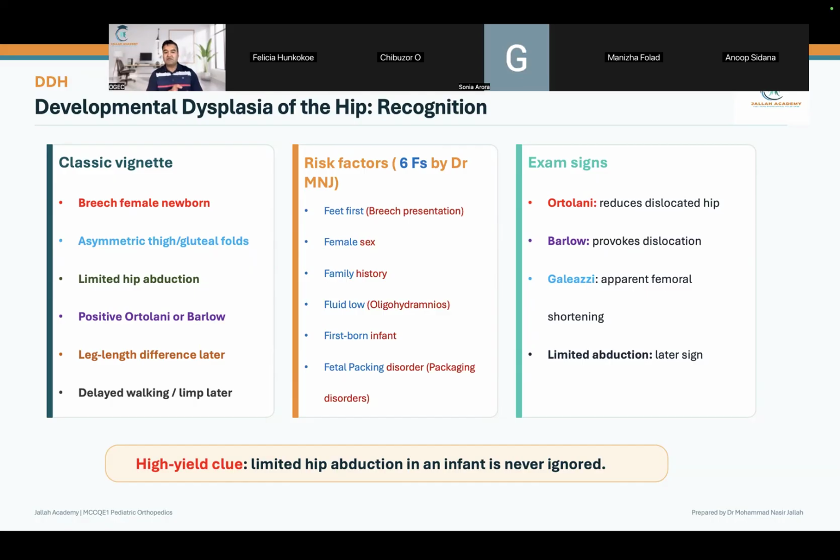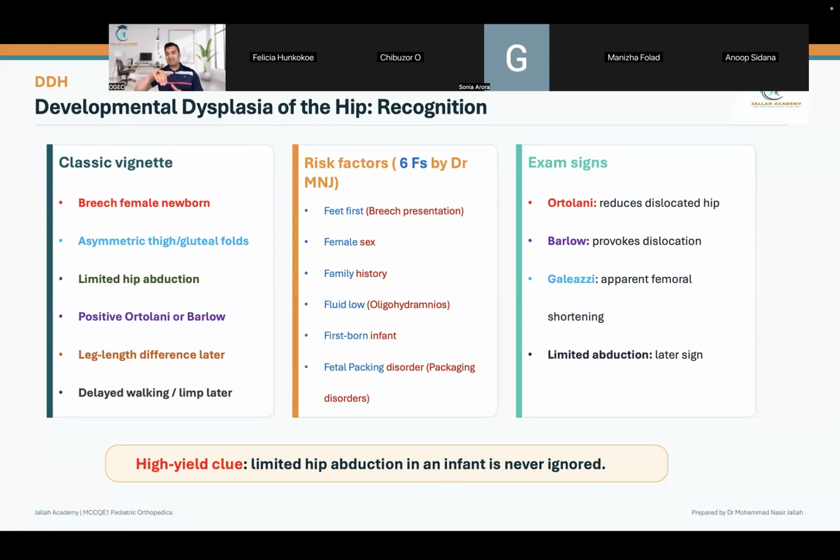And she wasn't the first one. It means one of the siblings had the same issue. Family history is positive too. And now another thing, fluid low. I mean, oligohydramnios was positive during pregnancy. Not only that, the baby is the first baby sometimes.